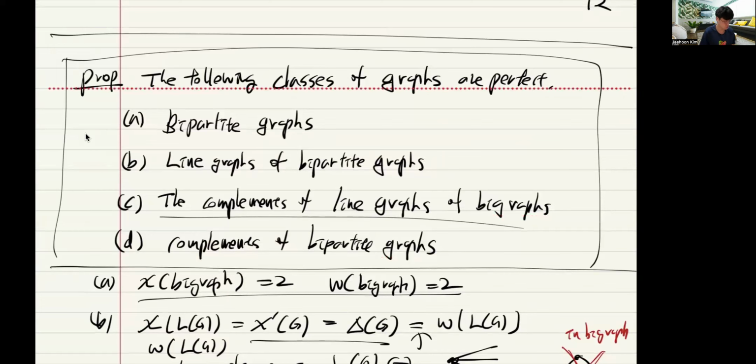So this gives us some classes of graphs that are perfect. Okay, and if you see here, there are some patterns. These two are complements of each other, and these two are complements of each other.